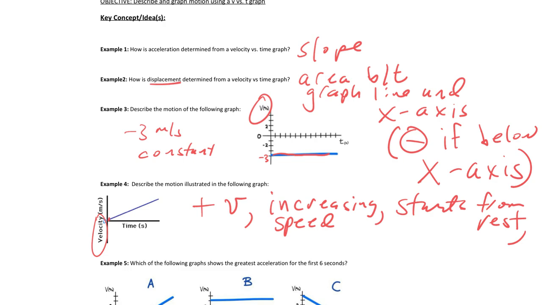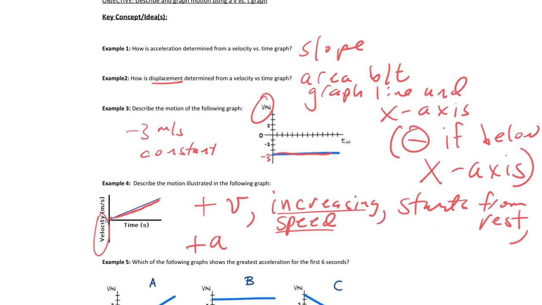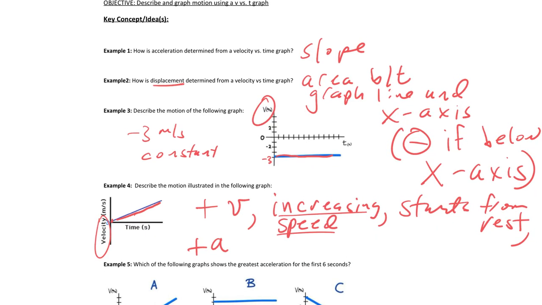What else? I can say acceleration is positive because it's increasing speed, or because it's an uphill slope. I also could say that acceleration is constant because it's a straight line.